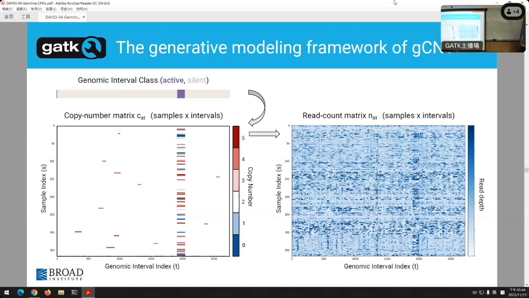And both of those end up influencing our observed read count across samples and across intervals. And once we've described that relationship going in the forward way, we can then go backwards. We can use our observed read counts to estimate the underlying parameter of copy number.